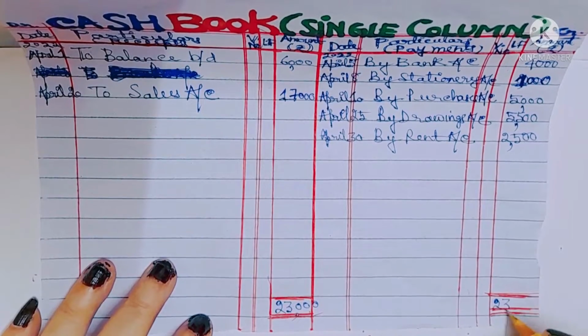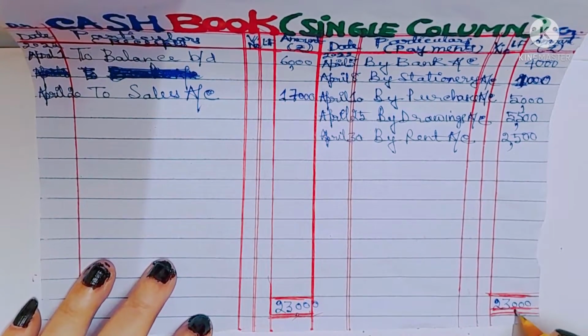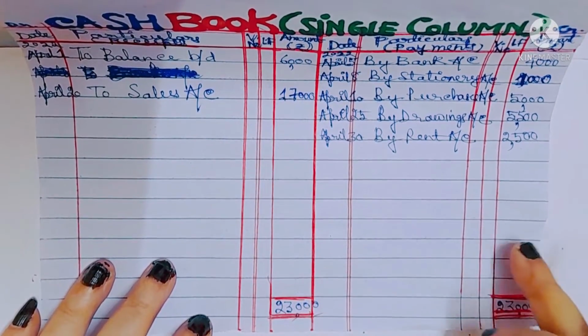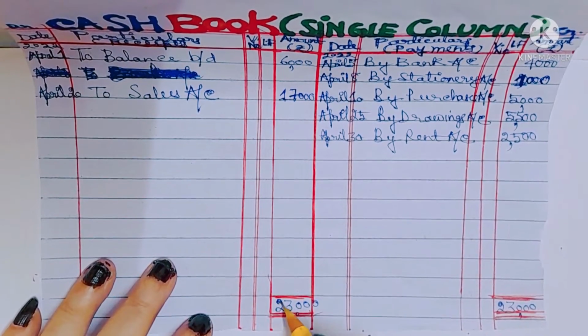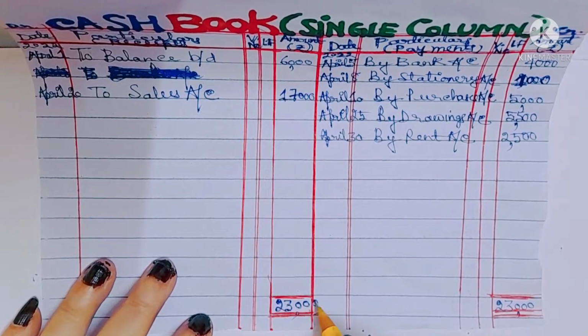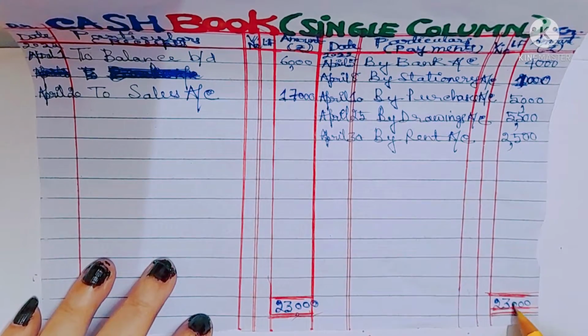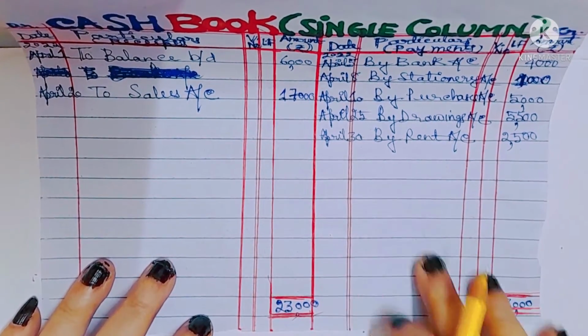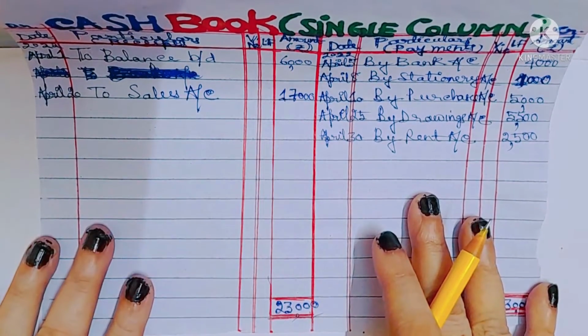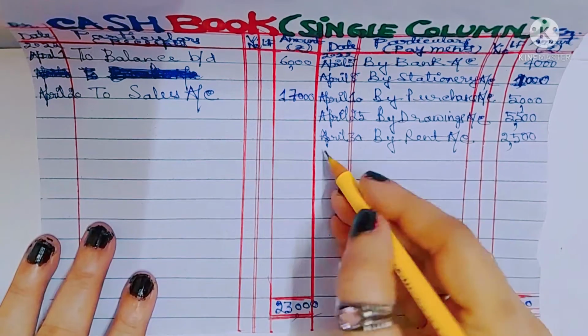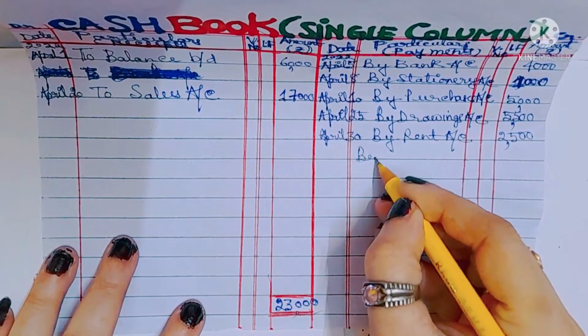Since the total of the debit column is 23,000, which is greater than the total of the credit column, which is 21,000, we write the greater total on both sides. But there is a shortfall on the credit side. So we'll have to balance the credit side by writing by balance CD.